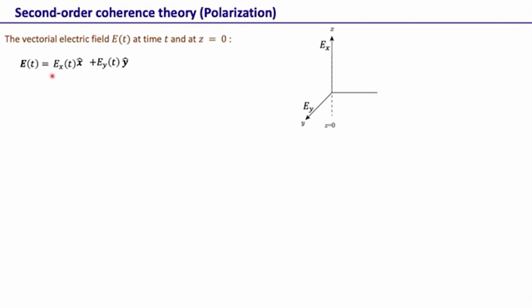But now we can also ask what is the correlation between the field in these two different directions. That is the question for today, what is the correlation between the field vibration in the two directions, and the way to represent that correlation is E_x star of t and E_y of t. Okay, so that is the question we are after as far as coherence theory in polarization is concerned.